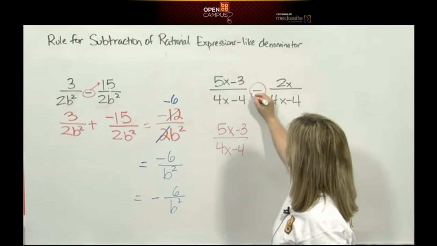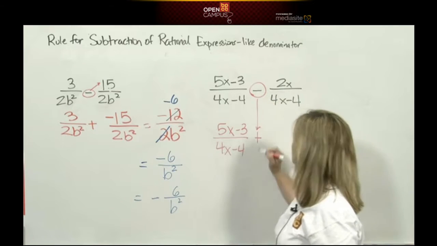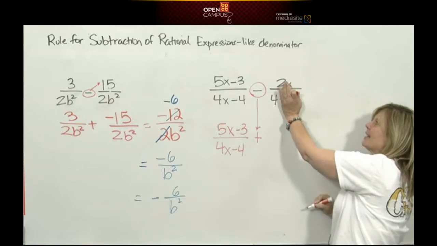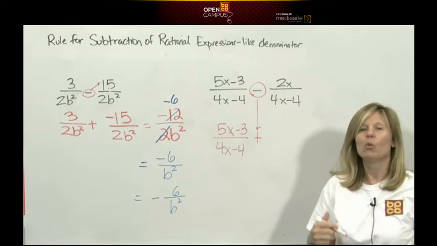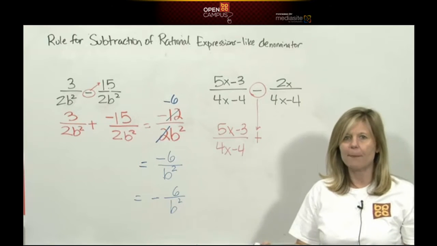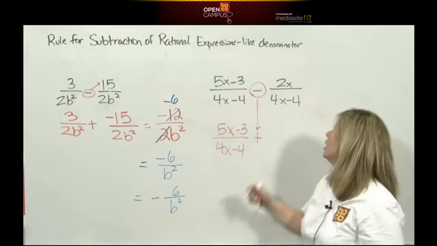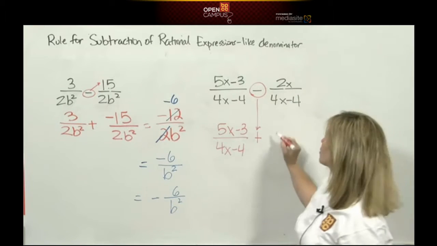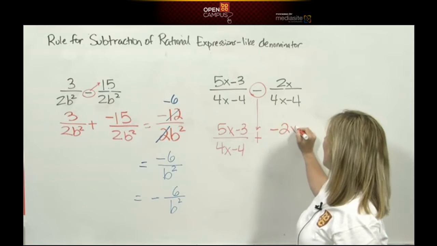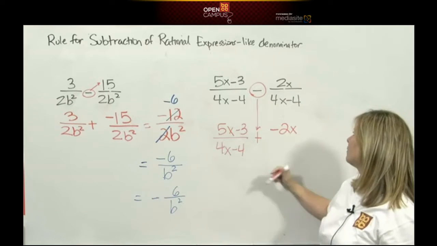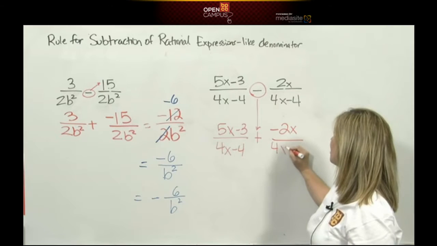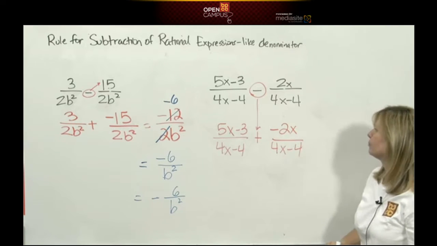I'm going to change subtraction to addition by now making this fraction the opposite. When you make the second fraction the opposite, the additive inverse, you're changing the numerator only. So the numerator right now is 2x, so the opposite, additive inverse of that is negative 2x. The denominator stays the same.